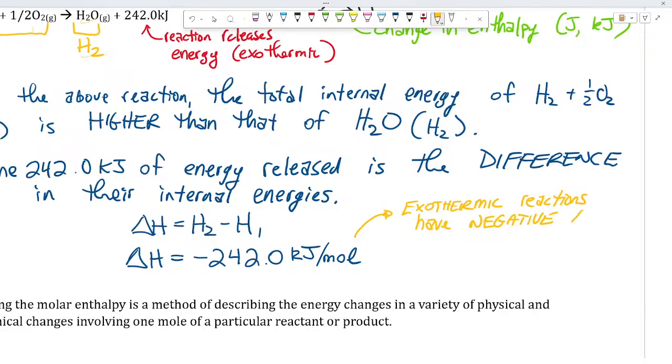That's because delta H doesn't measure how much energy is in the environment. It measures how much energy is in the actual chemicals that you're working with. Look at me, I want to make sure this is clear because this is so important. If you get this, it'll make your life way easier. And if you miss this, you'll confuse it a bunch. So again, when we talk about H or delta H, we're talking about how much energy is in the chemicals, not in the surroundings, in the chemicals.